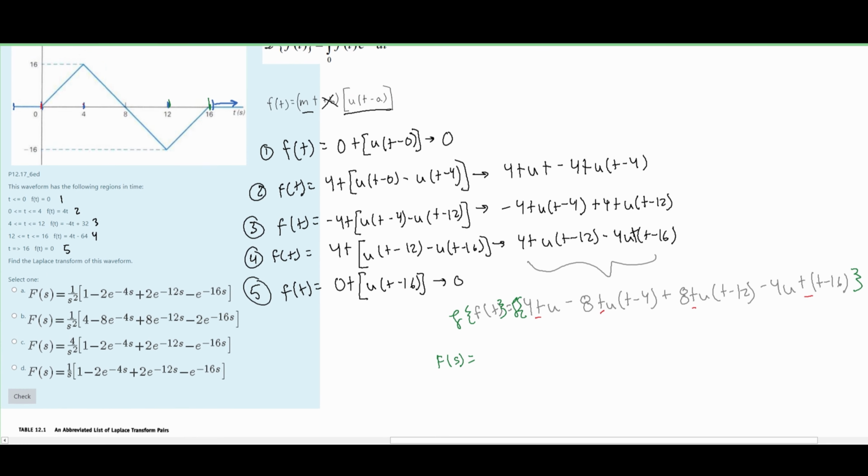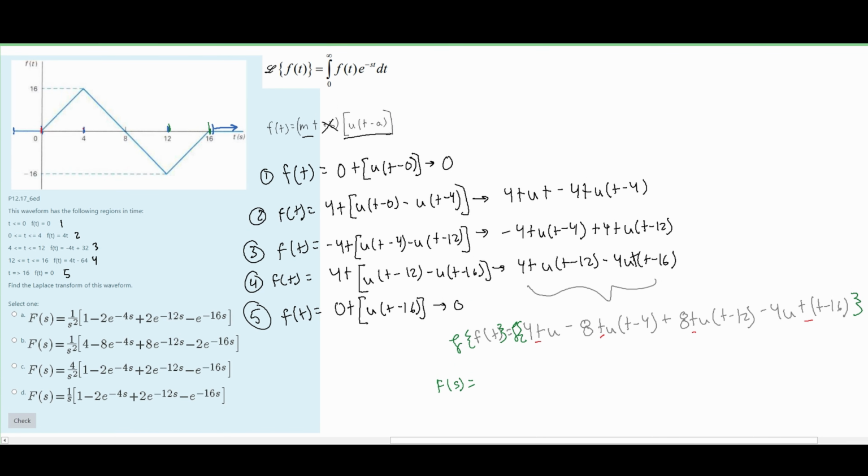So we can just factor it out since all of these have it. We're going to have 1 over s squared. We can also factor out a 4, since all of these are divisible by 4. We're going to have 4 divided by s squared, and now we can rewrite our values. So if we factored out 4, we are just going to have a 1.